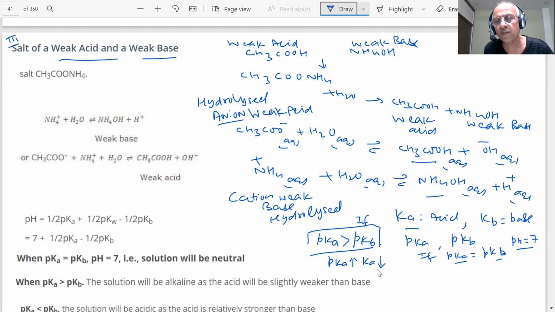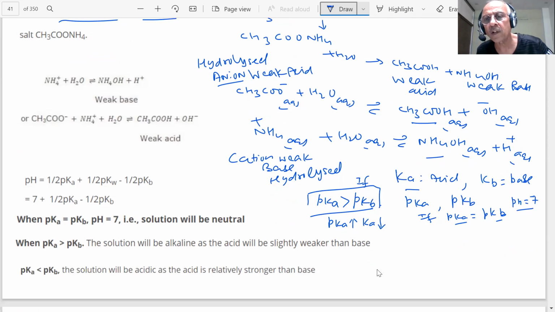Therefore, in such cases, there will be a net increase in the concentration of OH minus ions. The base is slightly stronger. So if pKa is greater than pKb, the solution will be alkaline. Very important question for the paper.